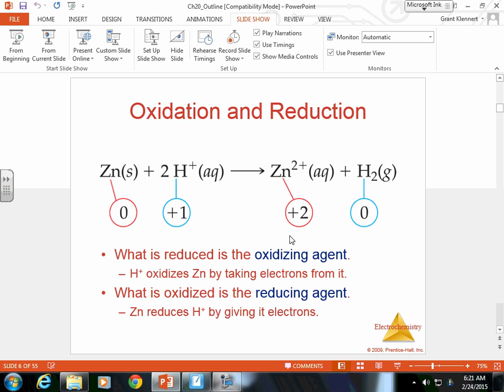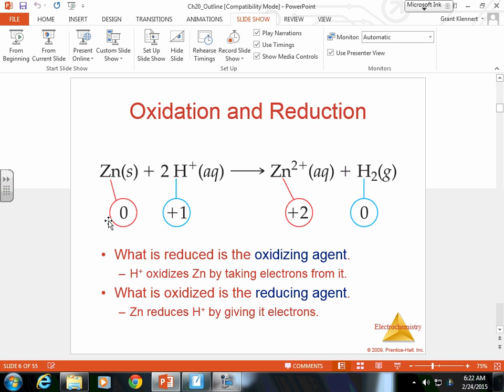Now, here is when they flip-flop. When something is reduced, it's called the oxidizing agent. When something is oxidized, it's called the reducing agent. So here we look at zinc. Zinc is being oxidized because it is losing electrons.